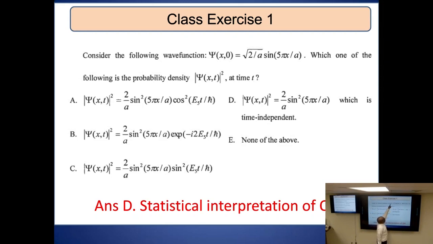So this is probability density at time t equals 0. Gotcha. And this is the initial condition, similar to the Newtonian initial condition. Good question. More questions?